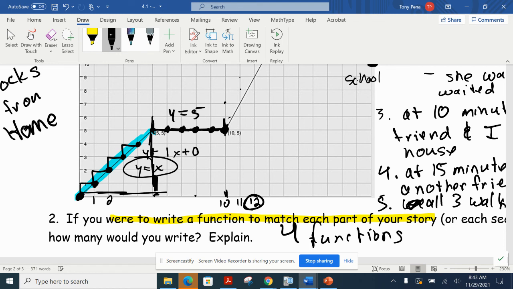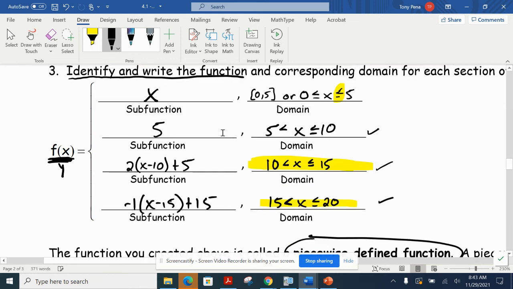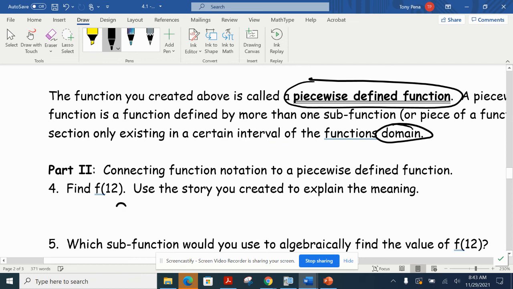All that means is I'm going to go up from 12 and find the y value of the graph at 12. So after 12 minutes, find that y value. Notice how it is a 9. 12 comma 9 is on that graph. That means f of 12 is equal to 9.